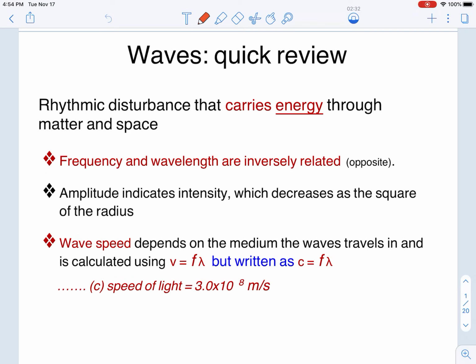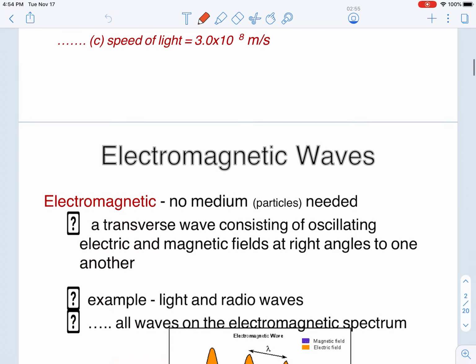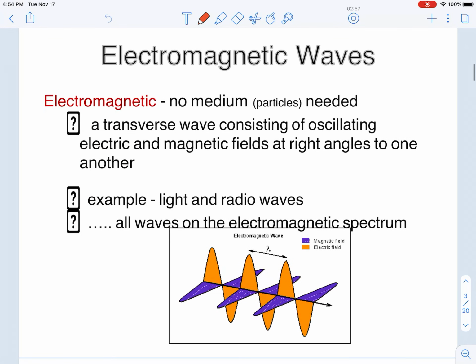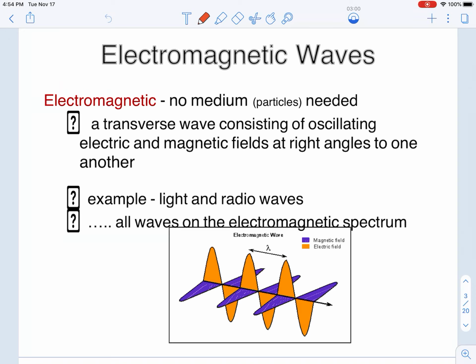It stands for speed of light, but it is actually the speed of all electromagnetic waves. This is the speed at which our electromagnetic wave will travel when it moves in a vacuum, or through space where there are no particles. So c is our constant velocity here, and it is 3 times 10 to the 8th meters per second, and we will use this value for all of our electromagnetic waves.